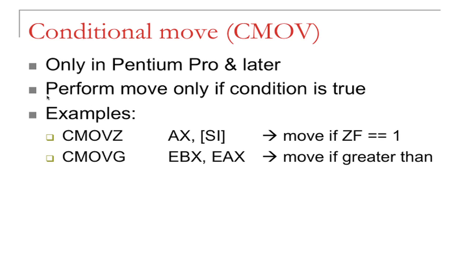Essentially, this move instruction will perform this data transfer if such condition is met. What condition? The condition is when the zero flag is a 1. So this data transfer operation will happen only if the zero flag is a 1.